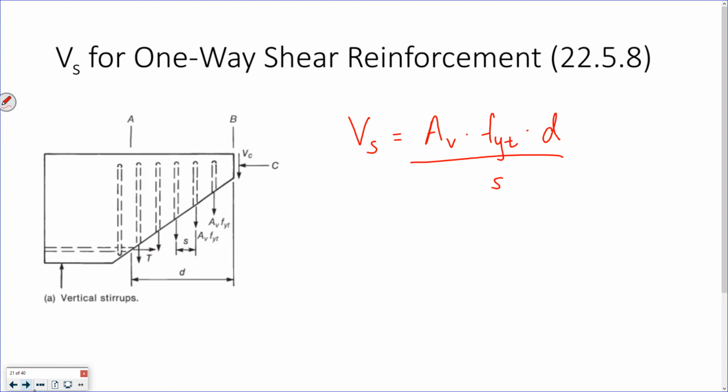This is according to 22.5.8. It's on page 410.